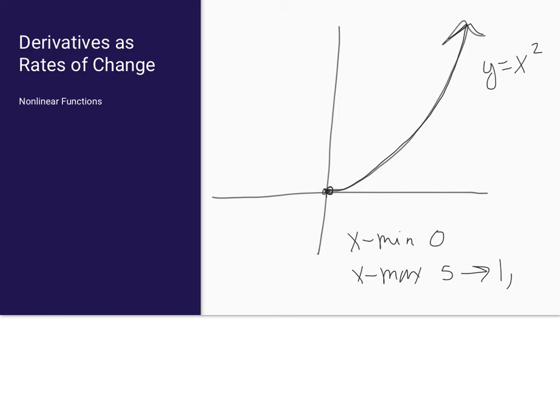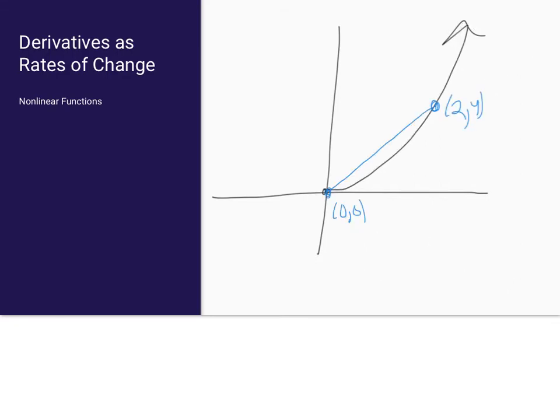Now, let's go in here and take another look at these secant lines. So now I've drawn a secant line in between (0, 0) and (2, 4). So I can calculate my average rate of change very quickly. It's 4 divided by 2, or 2. Now, I'm going to start moving one of those coordinate pairs closer and closer to the other one.